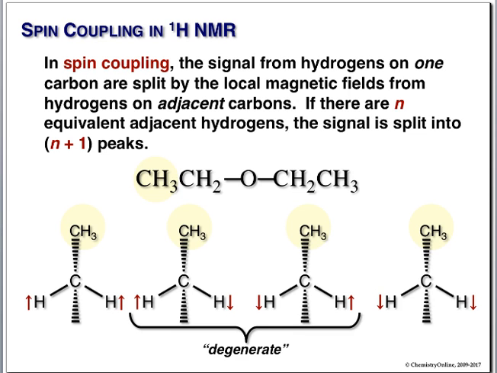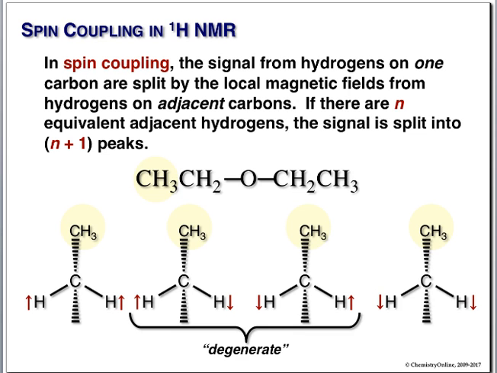If both of these hydrogens were oriented with the field, that will enhance the field. If both of them are oriented against the field, that diminishes the field. And if one up, one down, these are in the middle, it has no effect on the field. So the signal from our methyl group sees 3 different magnetic environments: enhanced, diminished, and in the middle.